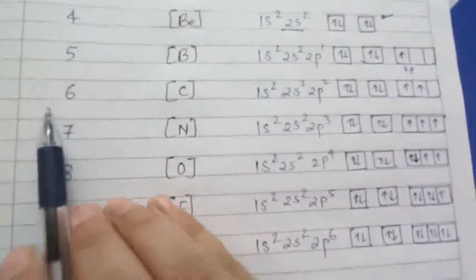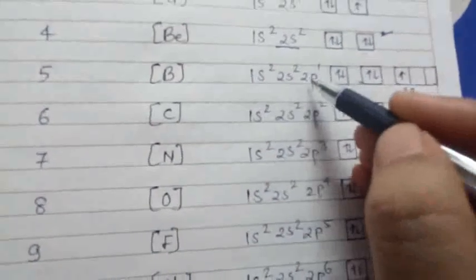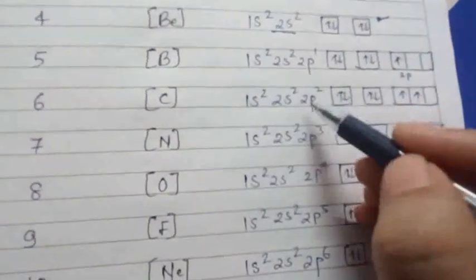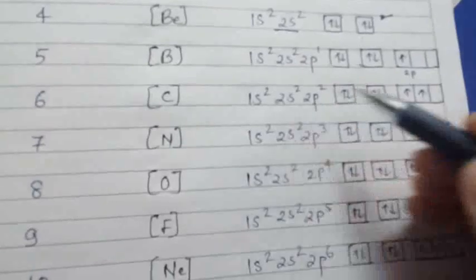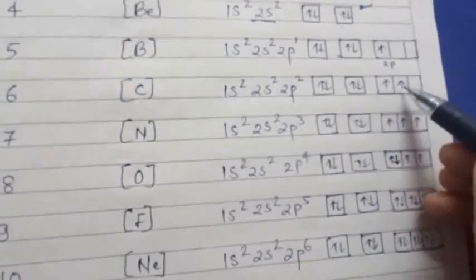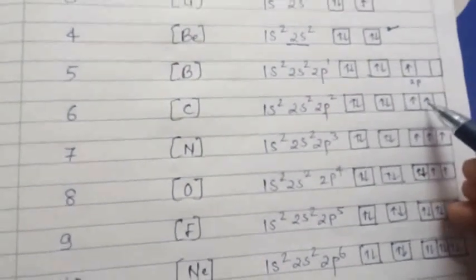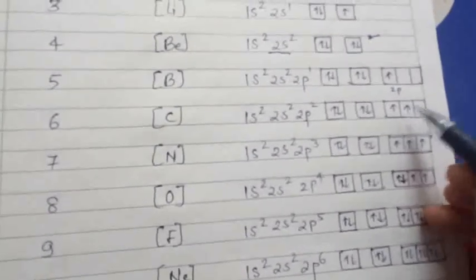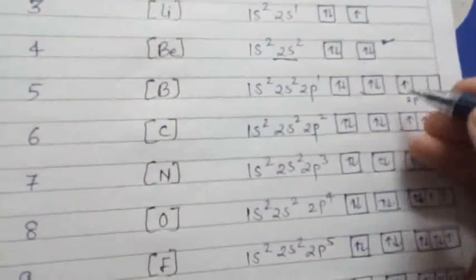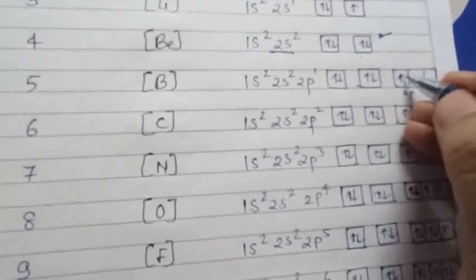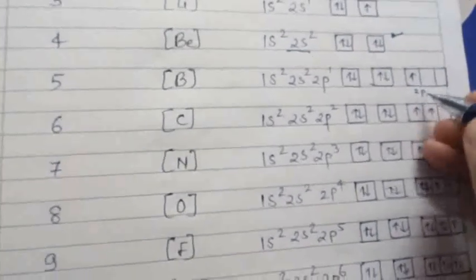Atomic number 6 is for carbon. So 2p1 will gradually increase to 2p2. This part you already understood. The second electron enters here. Now Hund's rule is applicable. Why is the second electron not pairing up in the first box?